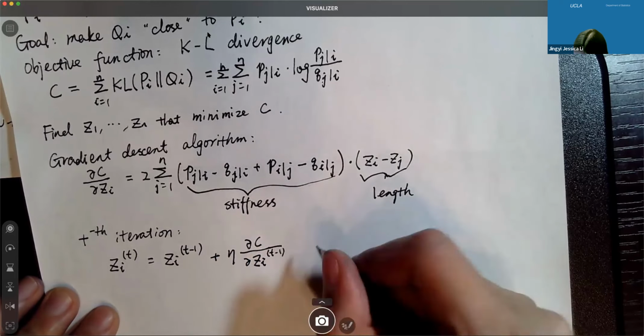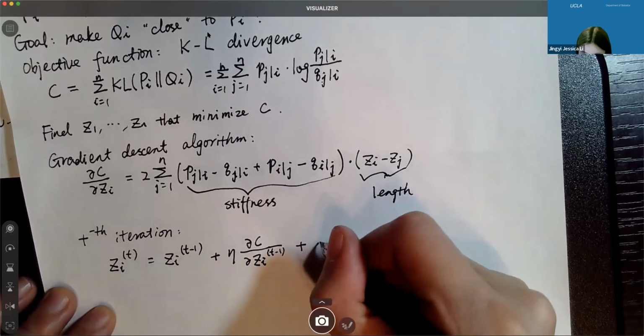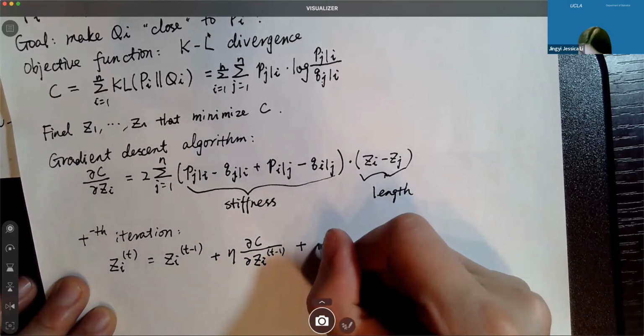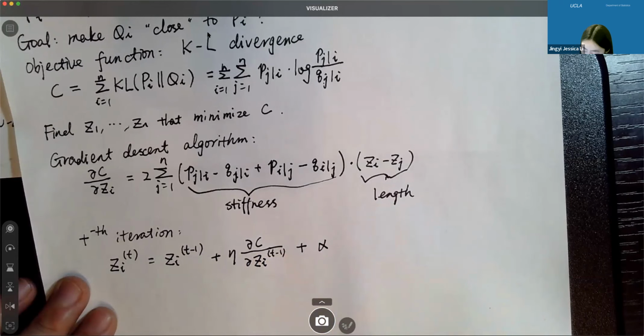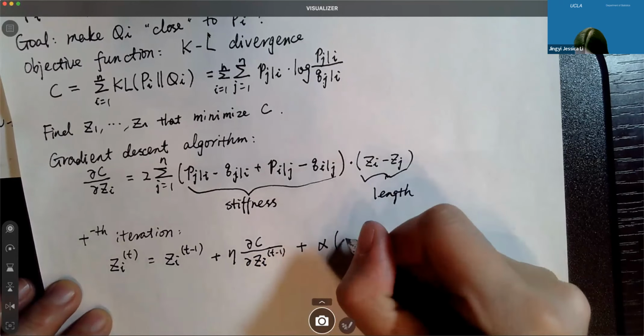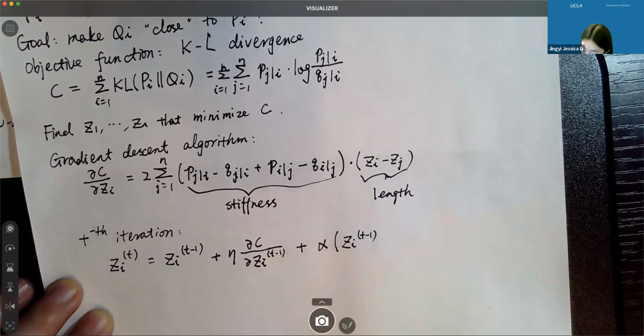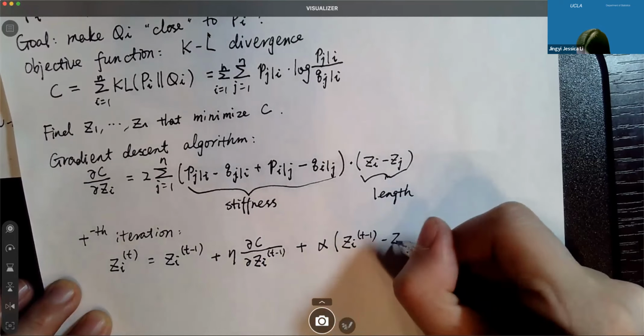And then you add some force to drive it back. Usually this is another parameter people set, and it depends on how different the value is between the t-1 value and the t-2 value.